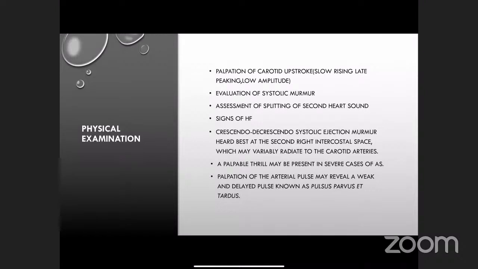A palpable thrill may be present in severe cases of aortic stenosis. Palpation of the arterial pulse may reveal a weak and delayed pulse known as pulsus parvus et tardus.